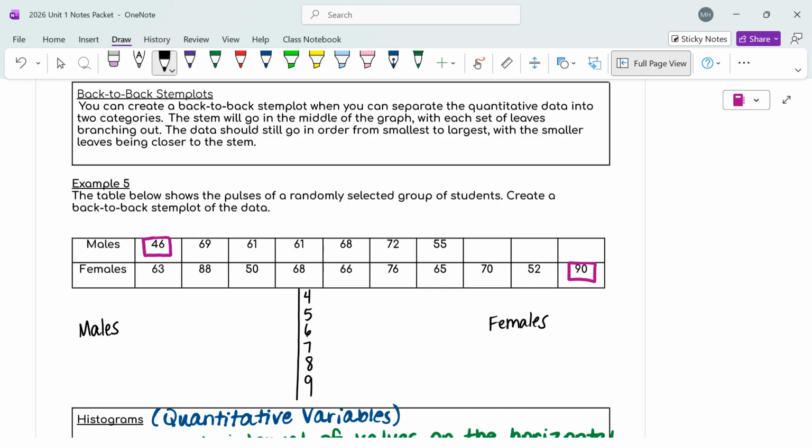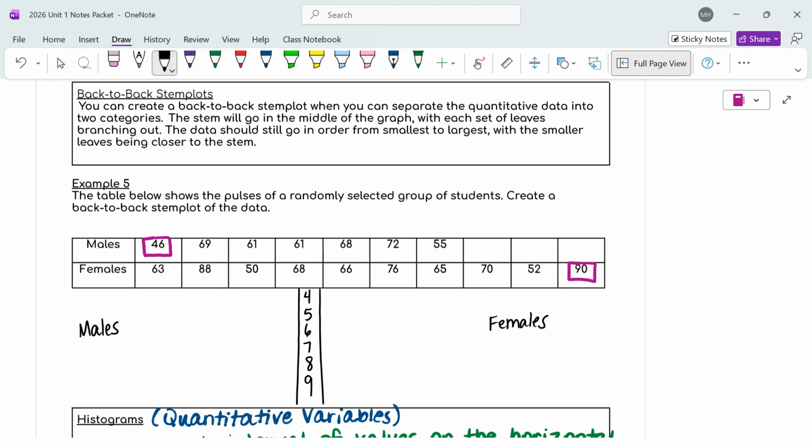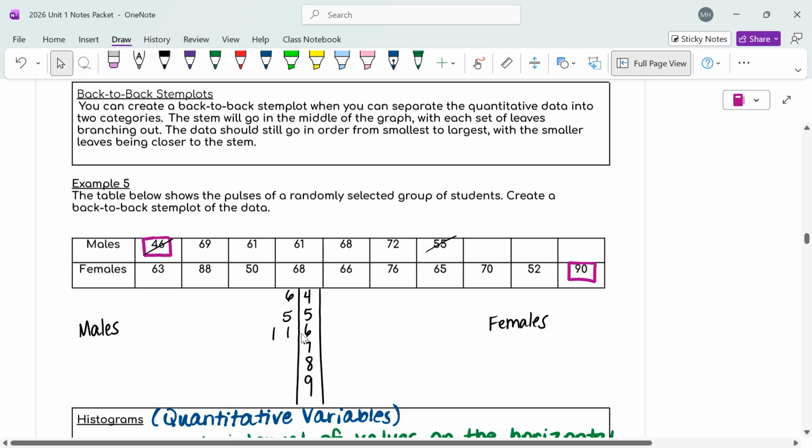So now you can make a back-to-back stem plot with one side for the males and one side for the females. That's another option you have. So for males, I have a data value 46, there's a 55, there's two 61s. Now I'm going left to right this time. So you want to make sure when you're ordering your numbers, they go from the inside out.